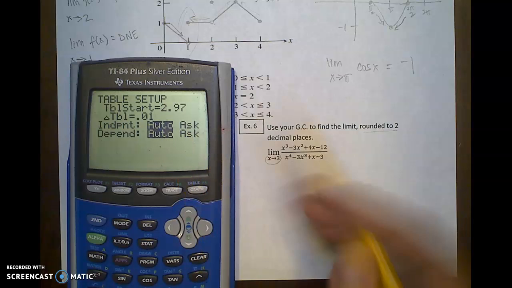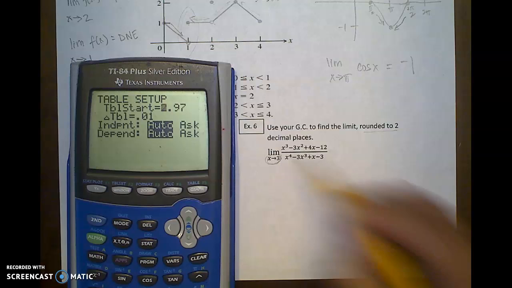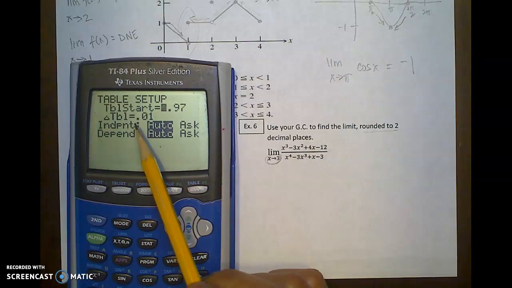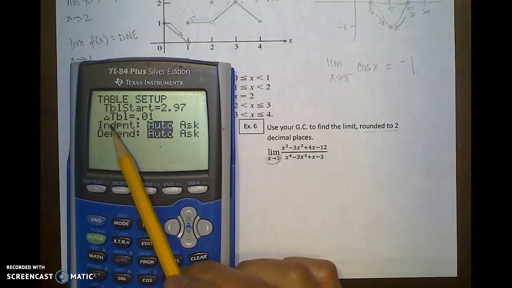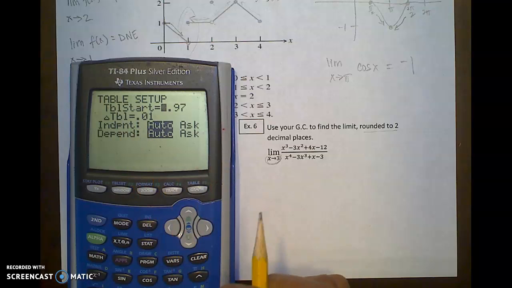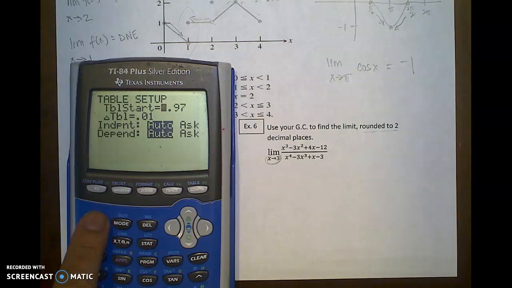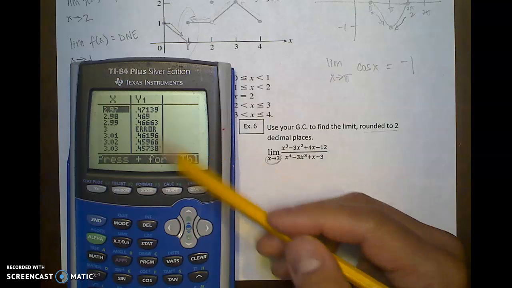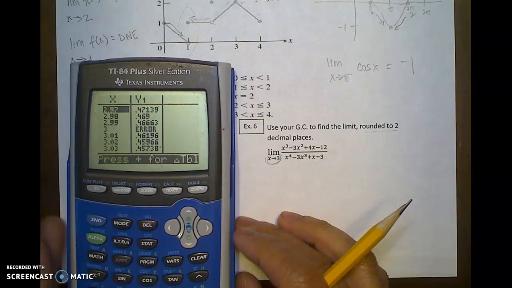We're starting with 2.97 because we want to approach 3 on both sides, so this is the start of our table. Because we want 2 decimal places, we're going to put our change of our table to 0.01. Once you've set that up, press second table to get to the table. This is the one that we want to copy down onto our homework.